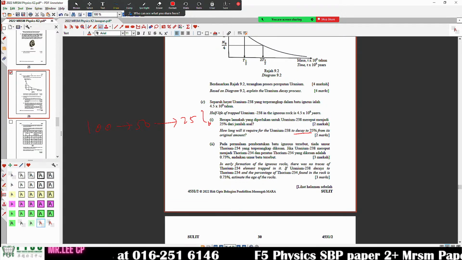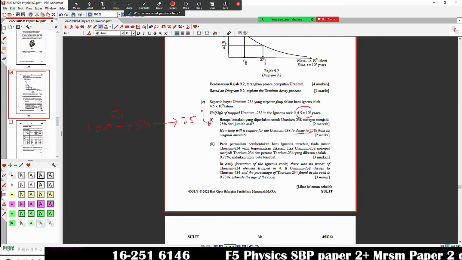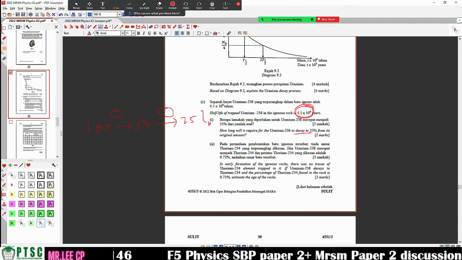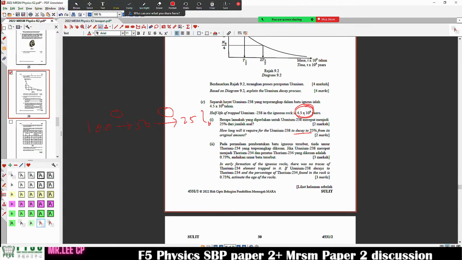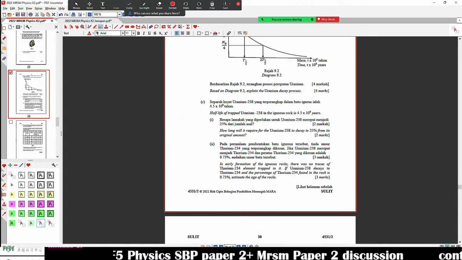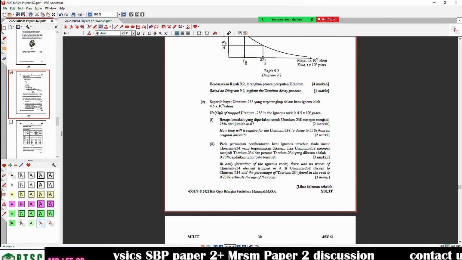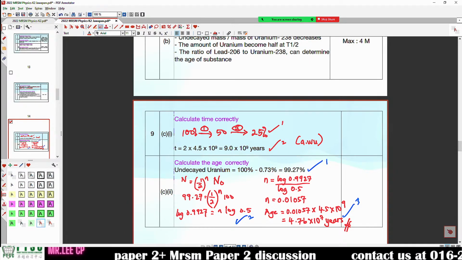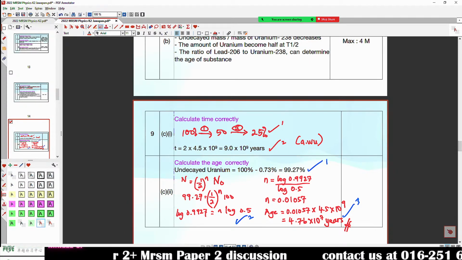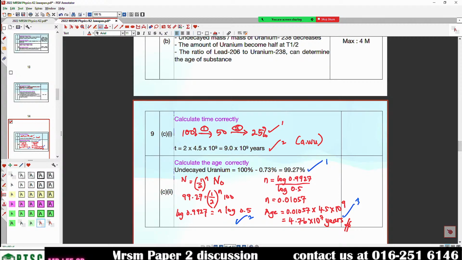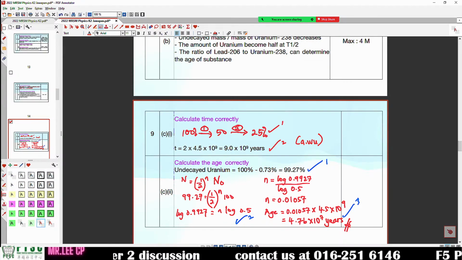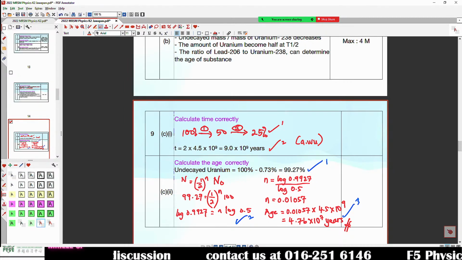So this one is first one half-life, and this one is one more half-life. So 4.5 times 10 to the 9 times 2, you get 9 times 10 to the 9 years. It is 2 marks. So you draw this, you get 1 mark. Draw this, seldom use formula, so you times 2, you get this one.